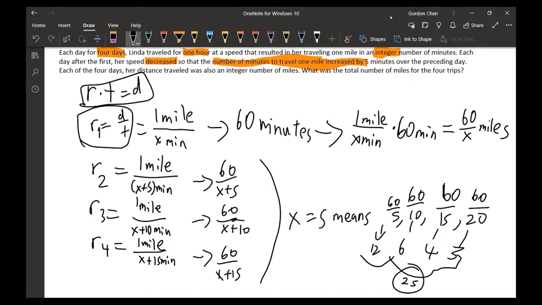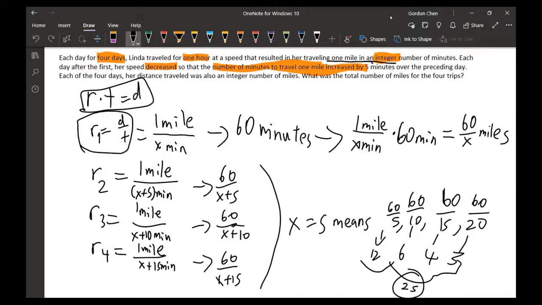The speed results in her traveling 1 mile in an integer number of minutes. So we say it's x minutes per mile, and she runs for a total of 60 minutes.